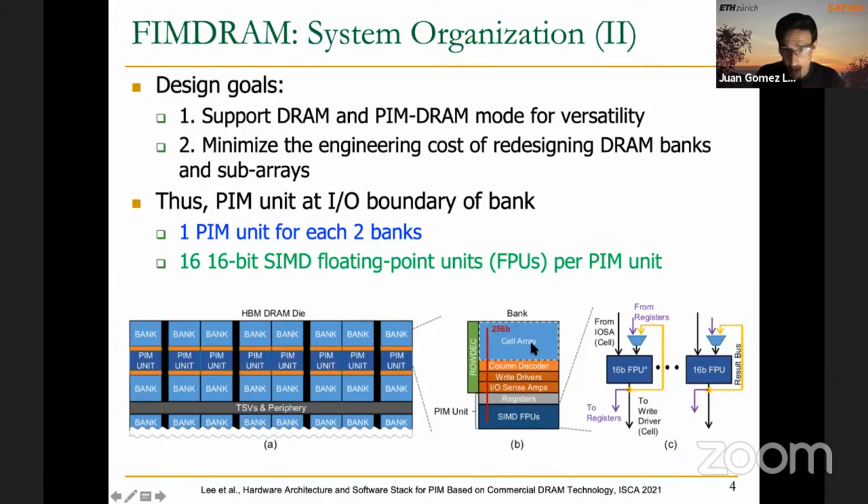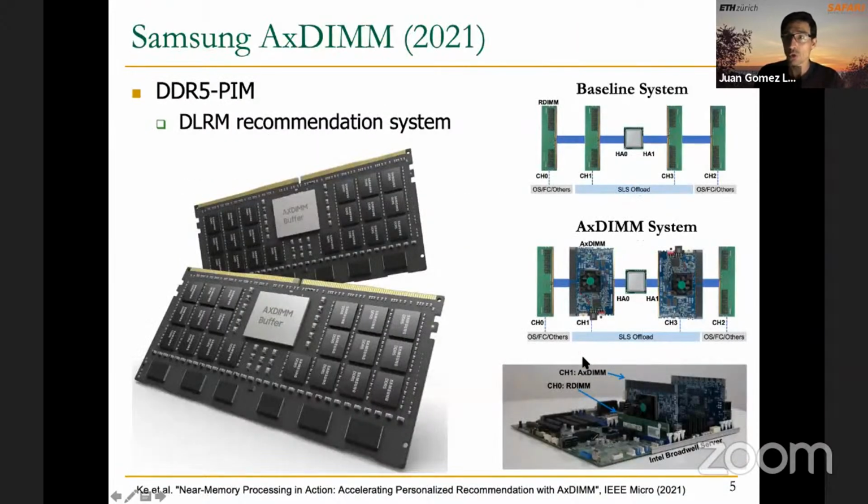If we take a closer look, we will see one of the banks here in this part of the figure, and this SIMD array of FPUs, floating point units. In total, there are 16 floating point units, and they are 16 bits. And that's what we saw in our previous meeting.